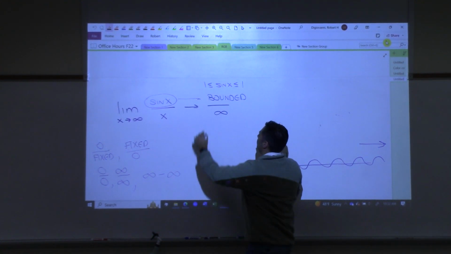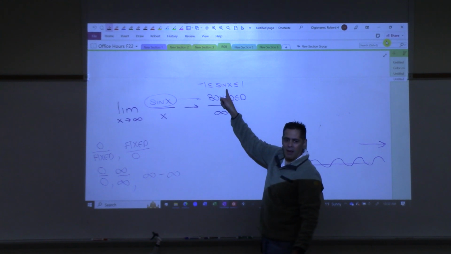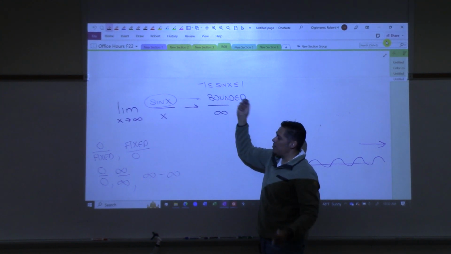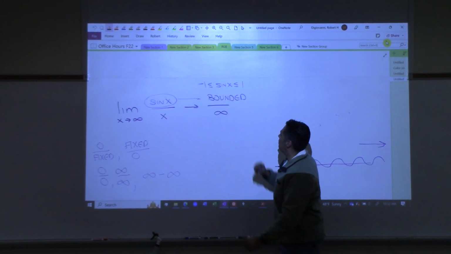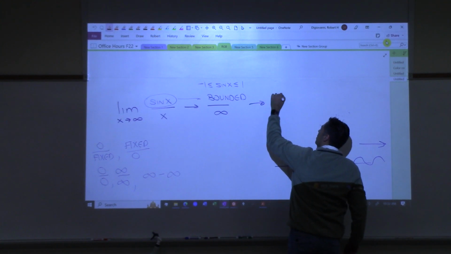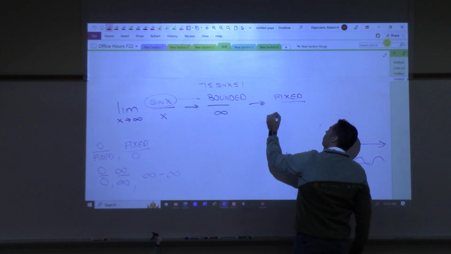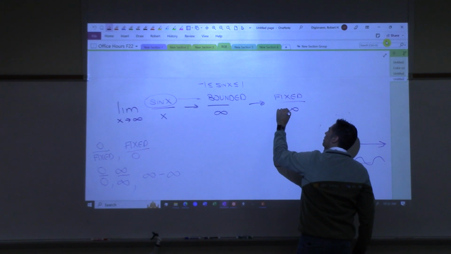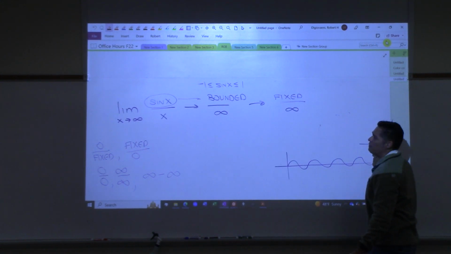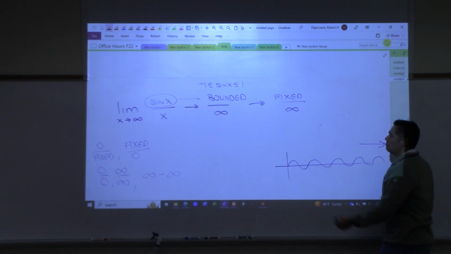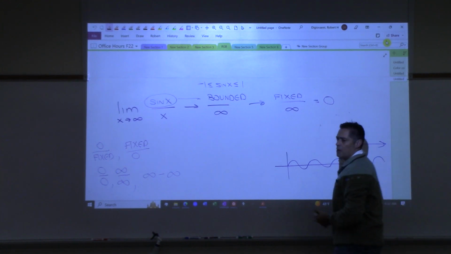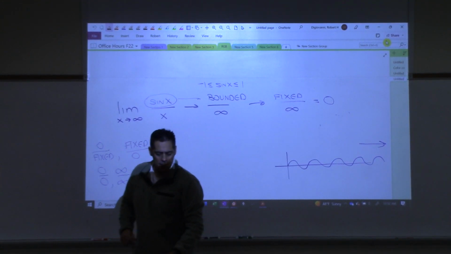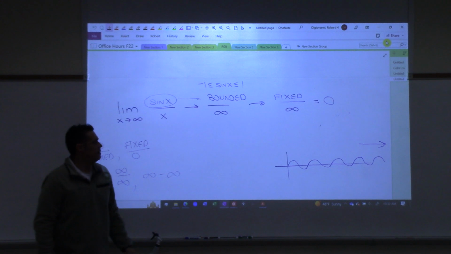We learned that in pre-cal. You can see it on the picture. That's a bounded function, but for us, that's the same as saying fixed over what? Infinity. And what does fixed over infinity always go to? 0. This goes to 0.